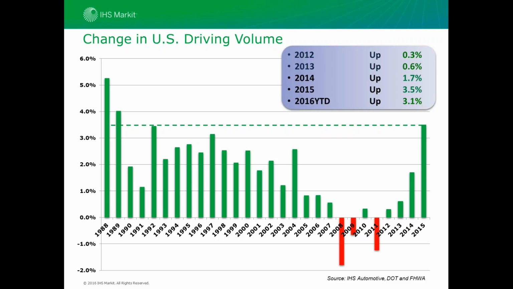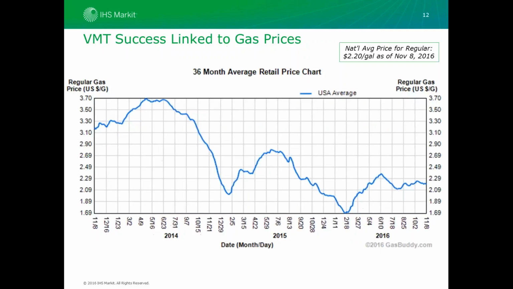Now, many of you may figure out what's going on here. Obviously, there's a very good correlation between vehicle miles traveled and gas prices. And gas prices have been very favorable to VMT over the last couple of years. As you can see here, this is the 36-month average of regular gas.